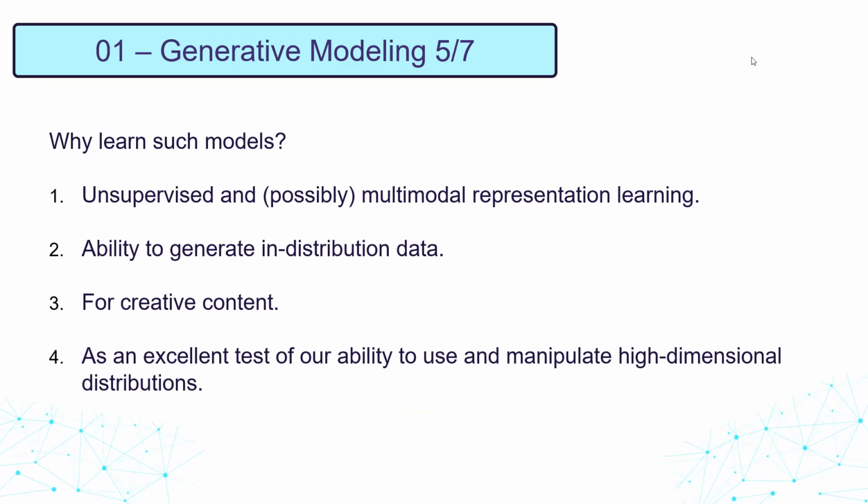You can use them for creative content. So everybody uses ChatGPT to write, or DALL-E to make figures, whatever, it's really fun. Then if you're a bit peculiar, my favorite is number 4, because to solve these problems, you need to be really good at using and manipulating distributions. So it's a very nice test of how we are able to understand high-dimensional probability.